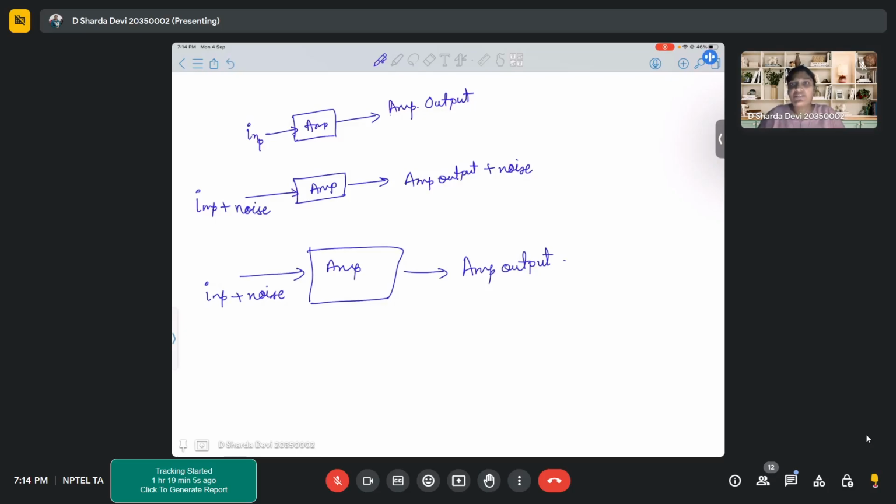Is there a way that we can get an output which is amplified, but has no noise coming from the input? Because ultimately we want an amplified, noise-free signal, right?